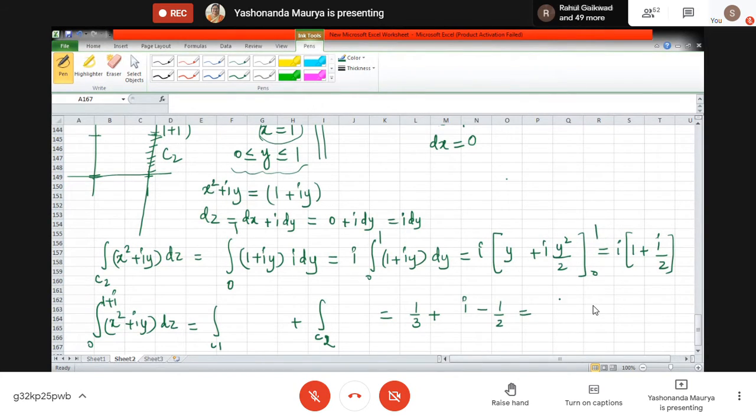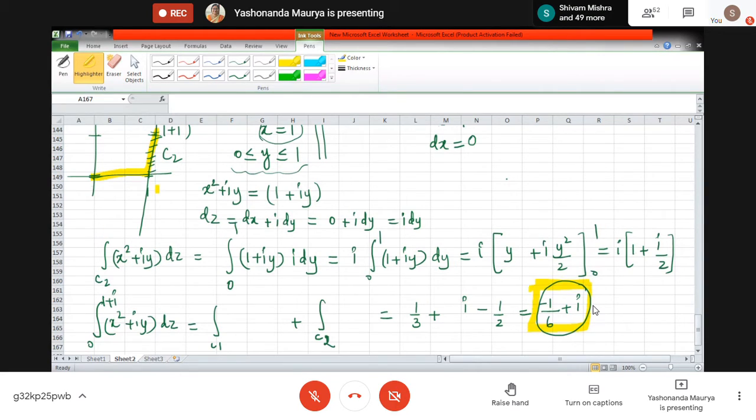So we can compare this answer. 1 by 3 minus 1 by 2, the denominator is 6, this is 3, this is 2. We can compare this answer with the other answers.